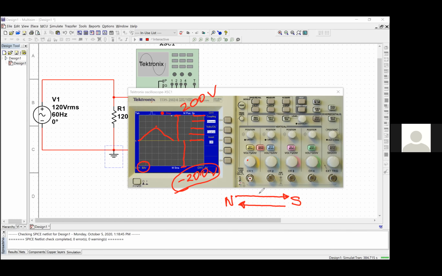It doesn't mean that this little electron has ceased to exist or that there's a lack of electrons in the system. It only means that it's going back to where it came from. If it came from the north, now it's going back to the north. Kind of make sense so far? Yeah. Okay, perfect. Thank you.